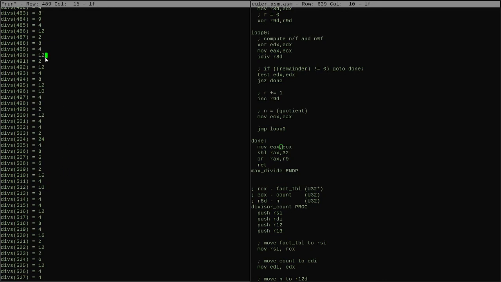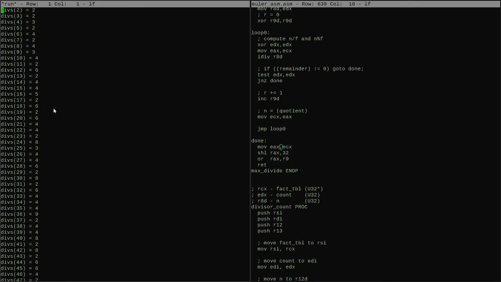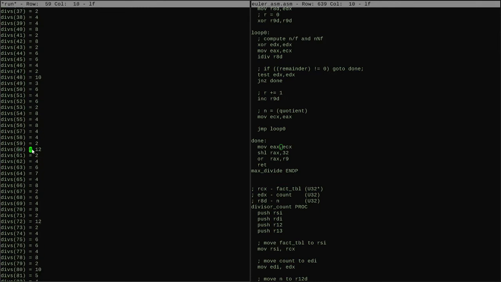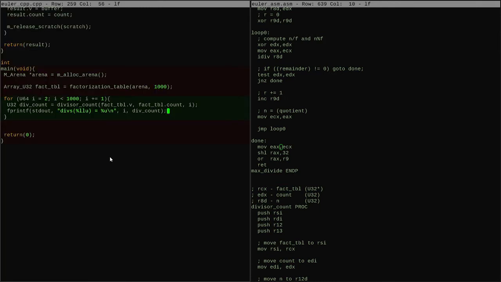I guess you get more divisors if you're not just a power of 2. Powers of 2s don't always have the most divisors in this scheme. Yeah. You get more for having a balance of factors. It's kind of cool. Okay.